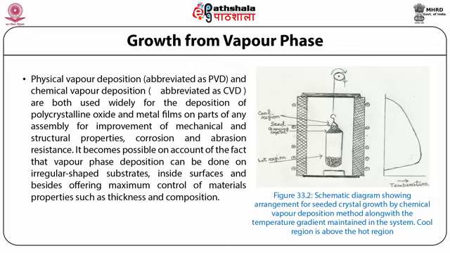It becomes possible on account of the fact that vapor phase deposition can be done on irregular shaped substrates, inside surfaces, besides offering maximum control of materials properties such as thickness and composition.